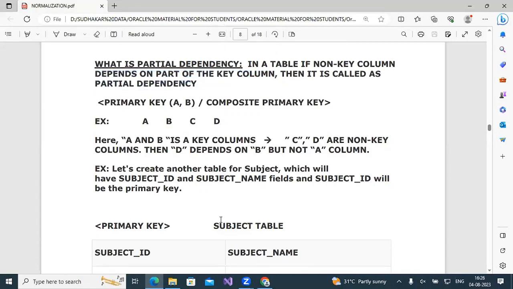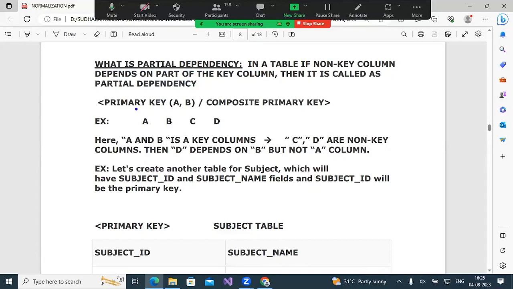So now, for example, can you see? There are a total of 4 columns I designed here. Out of 4 columns, can you observe? On my columns A comma B, I applied primary key.